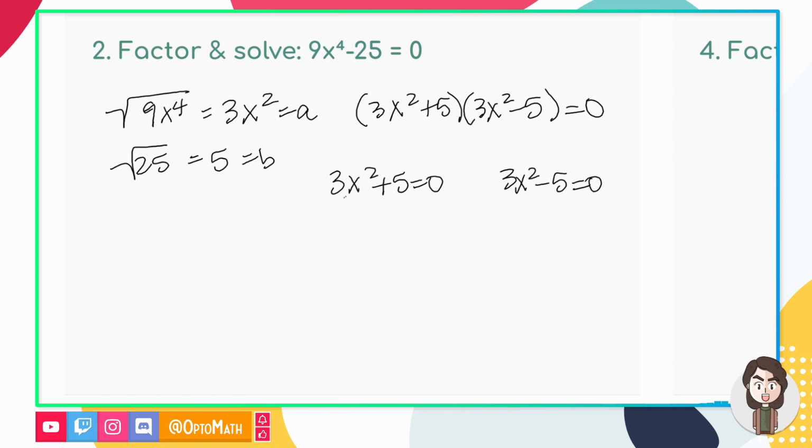Now, don't forget, after we subtract 5 here, we want to isolate our x squared, so we'll divide by 3 first. But now that we have x squared isolated, or by itself, we have to get x all the way by itself by taking the square root of both sides.